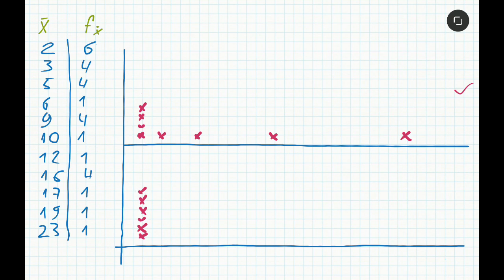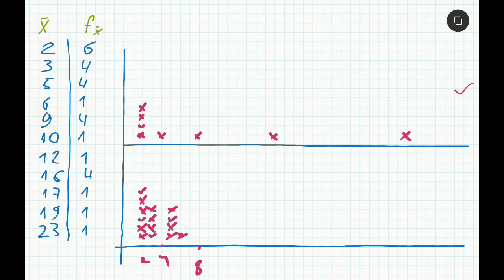And then we have 4 entries of 3. So 1, 2, 3, 4. And we have 4 entries of 5. So 5 is here, 1, 2, 3, and 4. 1 entry of 6. 4 entries of 9. So yeah, this is 2, this is 4, this is 8, and so on.